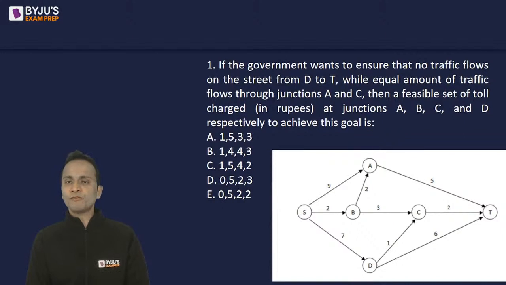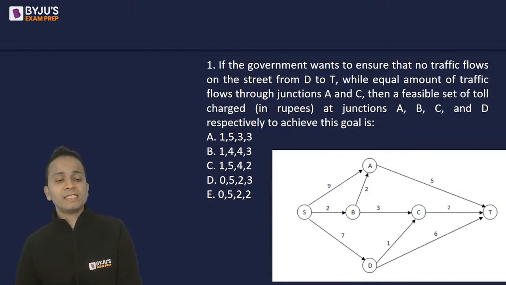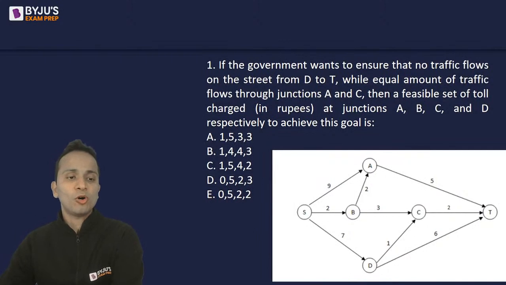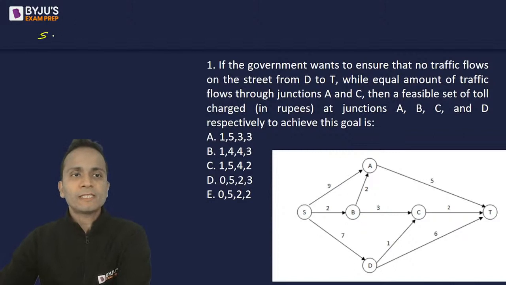Now to solve this question, first of all, you will have to write all the possible routes of going from S to T. Okay? So between S and T, let's first of all write all the possible routes one by one. So one of them is SAT. Okay?